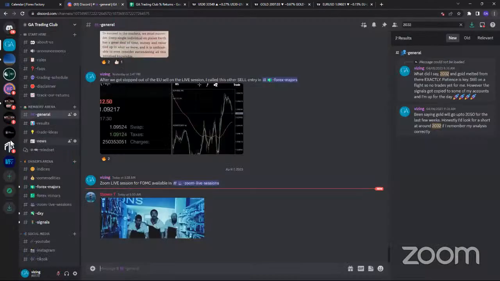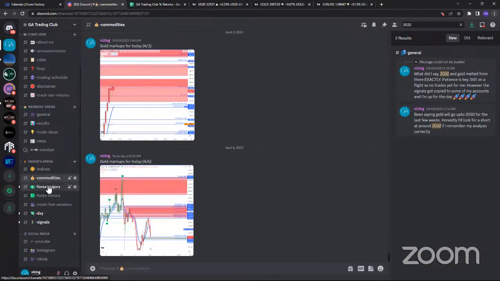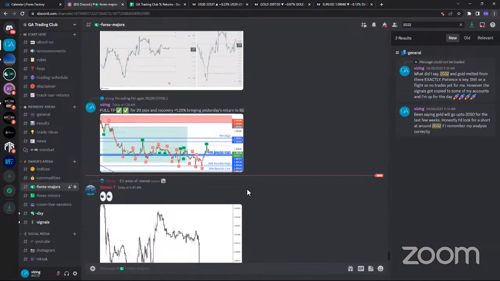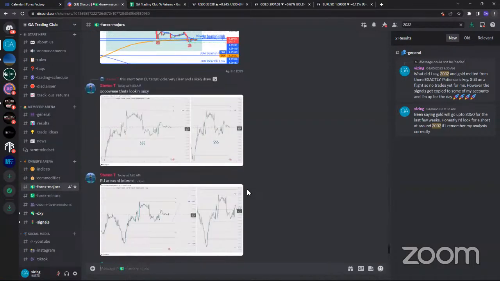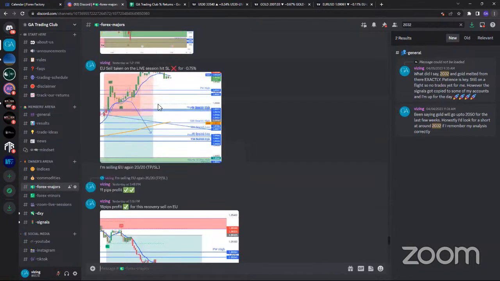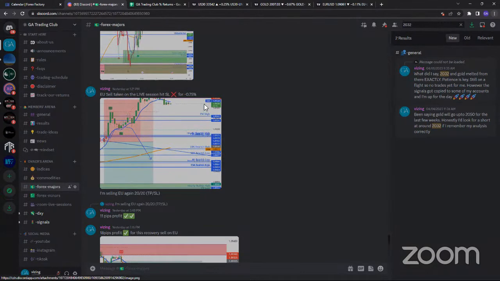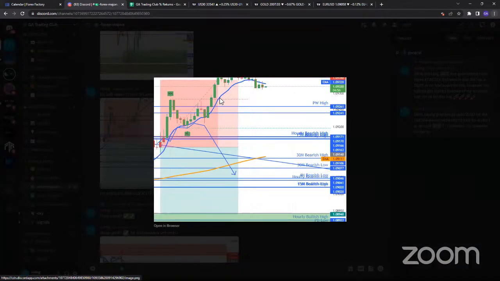However, I did send out this other sell on EU after the live session was over. That was yesterday, if I scroll up in the Discord, right? After I sent out this sell, the markup for the loss we took, I did see that price closed below the 9 EMA. We had a retest of the 9 EMA and closure below.